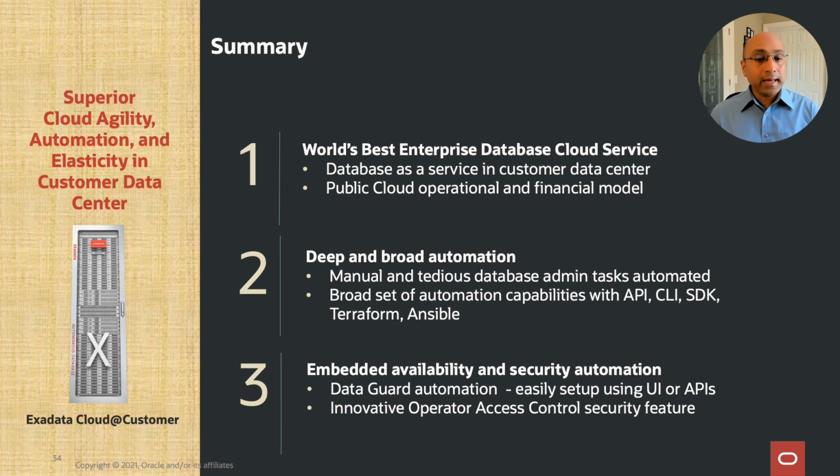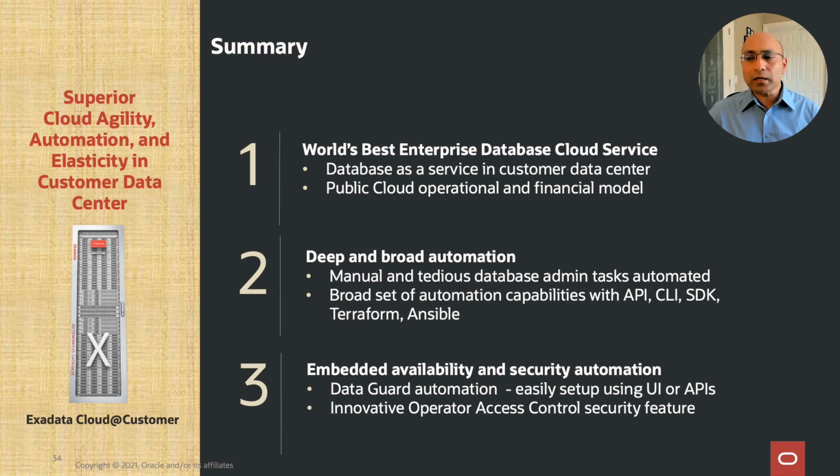And number three is full embedded automation for availability features, like our Maximum Availability Architecture features such as Data Guard. We saw how easy it is to set up using the UI, and the same thing with the APIs, as well as innovative features on the security front, like the Operator Access Control, which is fully baked in as part of the console as well as the APIs.